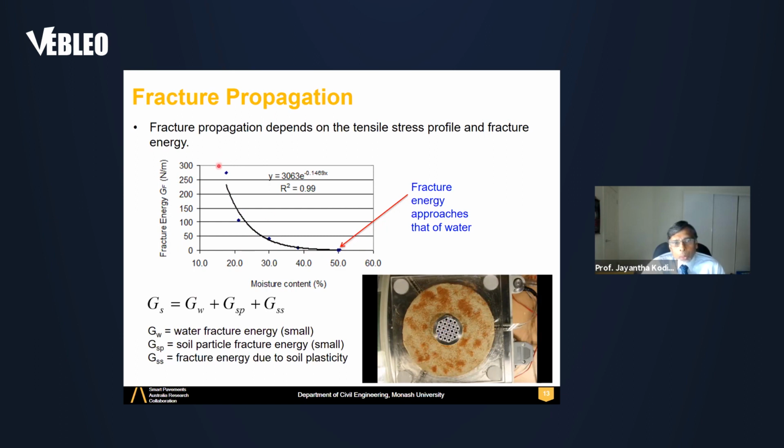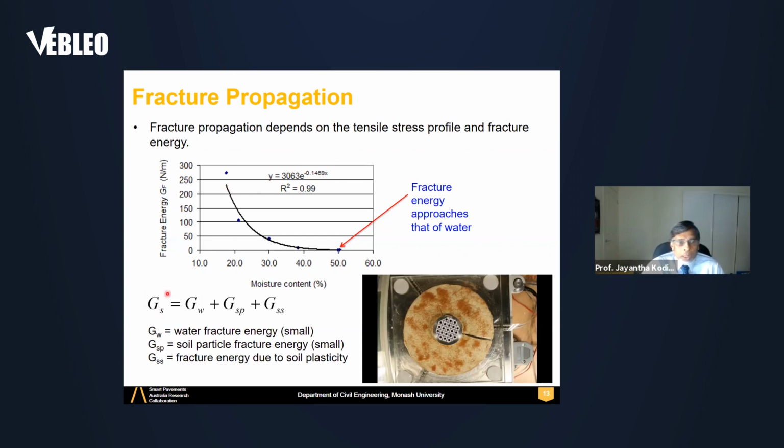This exponential increase is related to the plastic or frictional energy required in formation of a crack tip area, because when suction goes up with the drying, the frictional energy required around the plastic crack tip also goes up.